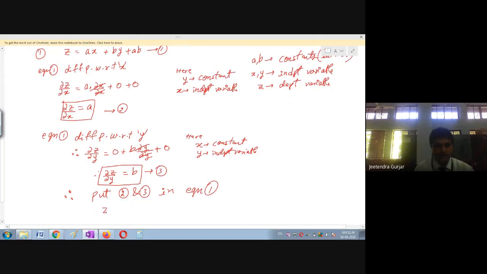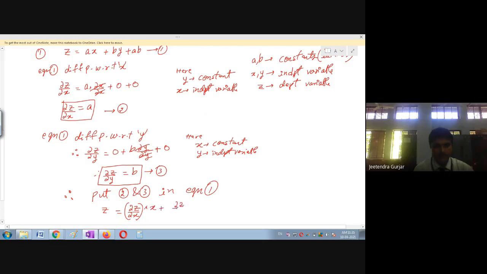Therefore, z is equal to, yes, what is a? A is dou z upon dou x, into x plus, what is b?